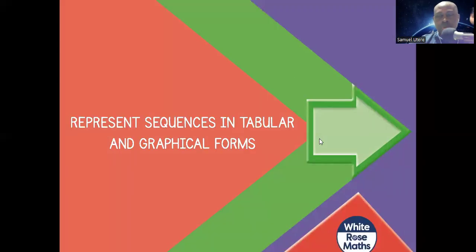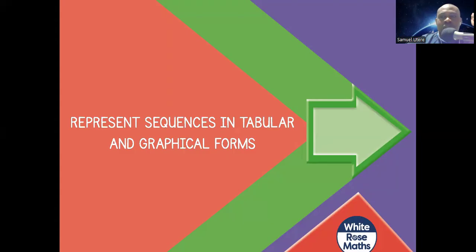So welcome to your third lesson of block one in sequences. In your previous lesson, you learned to predict and to check sequences using diagrams. You were able to predict the next terms of a sequence, and then you were able to draw the diagrams to check whether you were right or wrong.